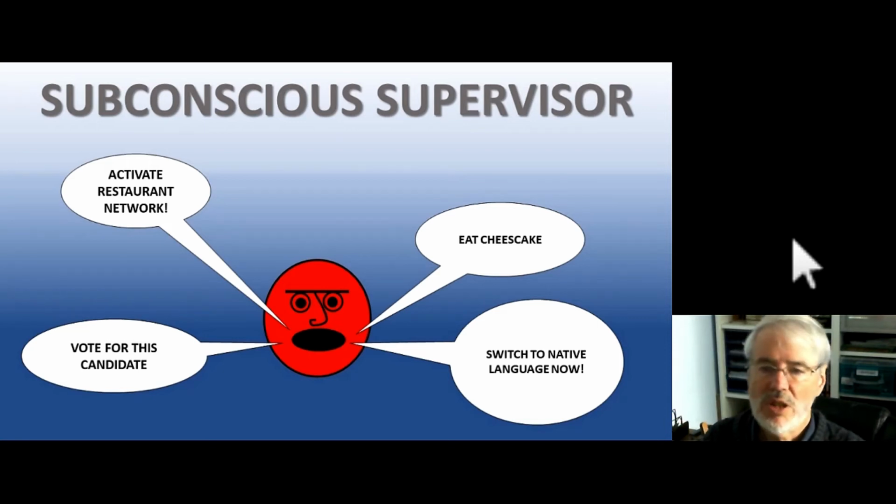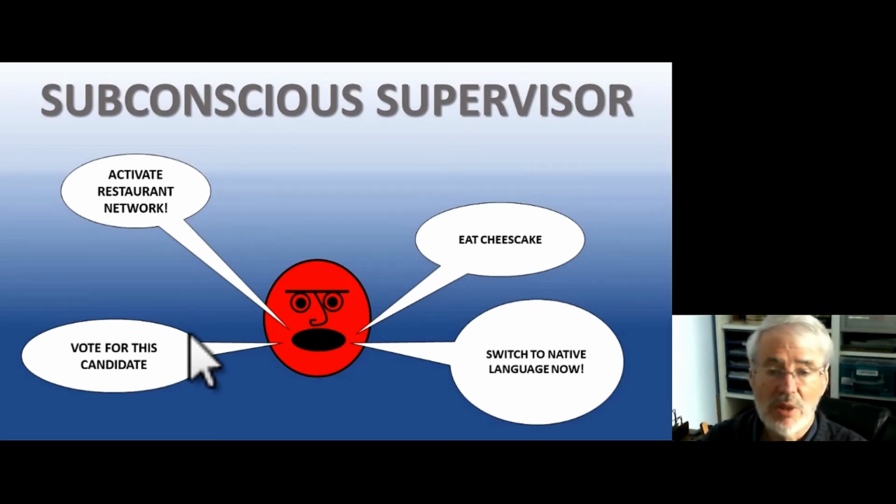So, for example, when you walk into a restaurant, it will sort of activate all the representations which are important for surviving in a restaurant situation. Or it might say, vote for this candidate. Now, you may have decided that you really ought to vote for candidate 1, but in the end you vote for candidate 2, and you're not quite sure why.